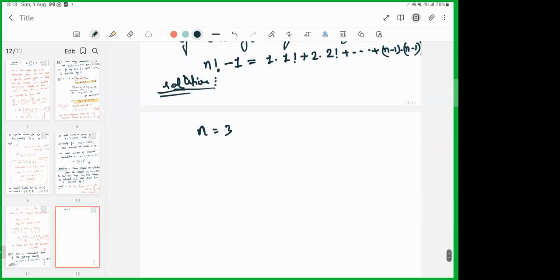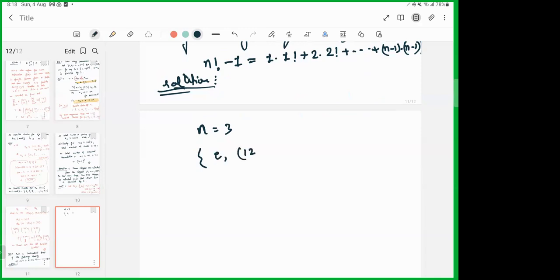You have all possible permutations, the S3: the identity permutation, 1-2 permutation, 1-3 permutation, 2-3 permutation, 1-2-3 permutation, and 1-3-2 permutation.